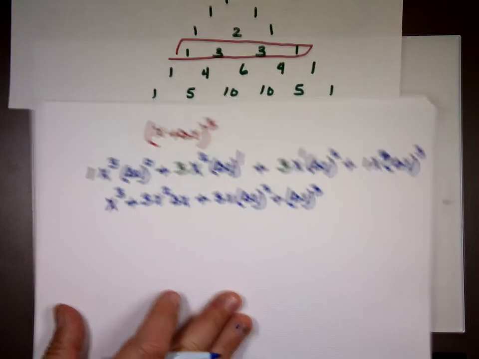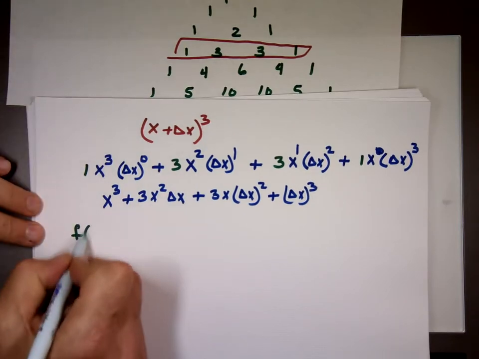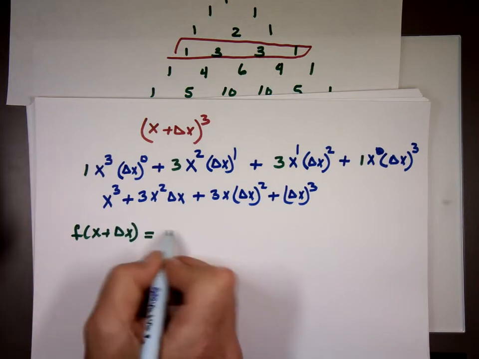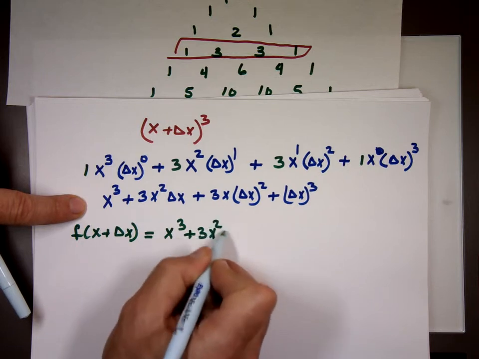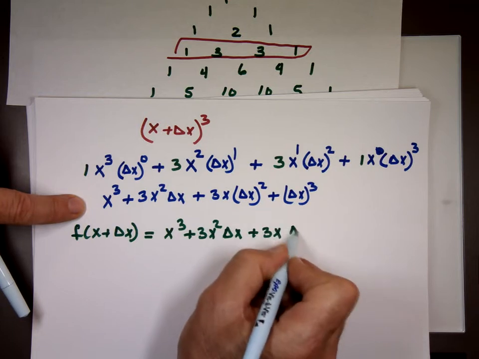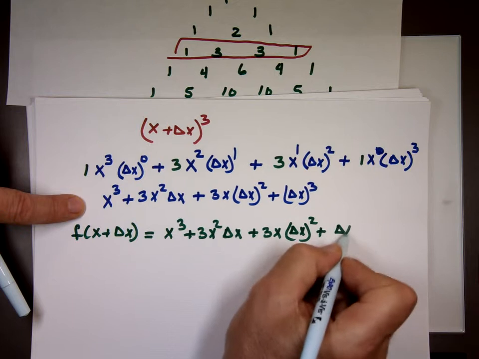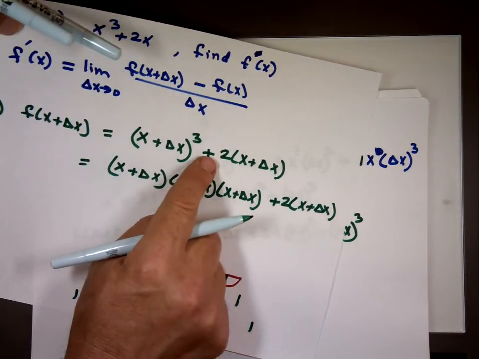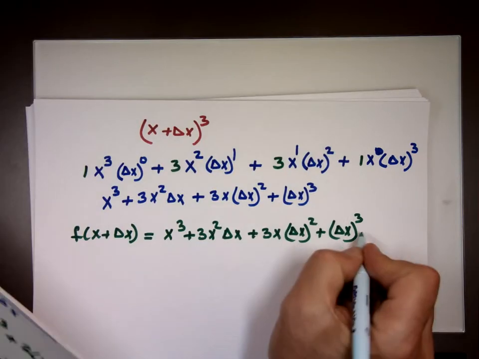So let me finish step number 1. It's going to be x cubed plus 3x squared delta x plus 3x delta x squared plus delta x cubed, and add to it what? 2x plus 2 delta x.